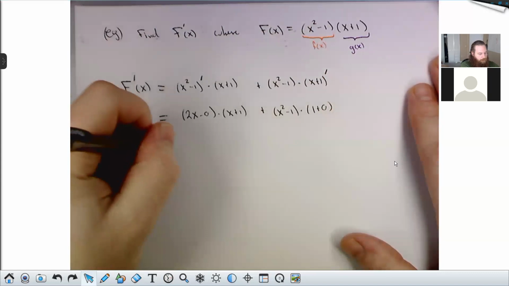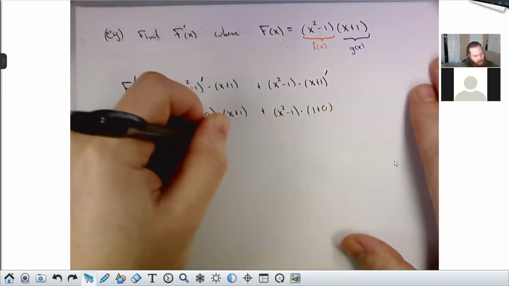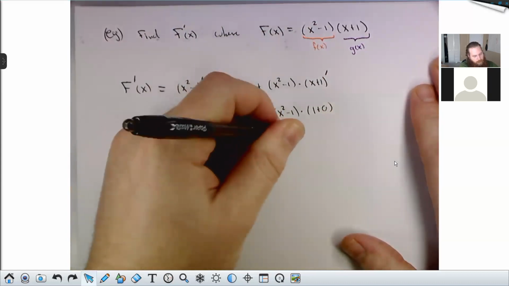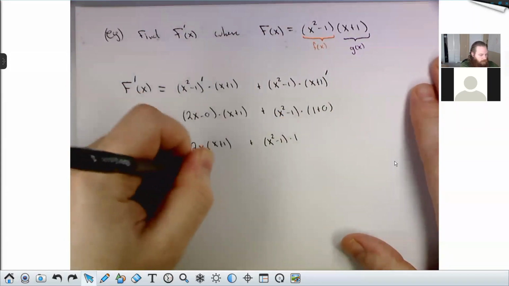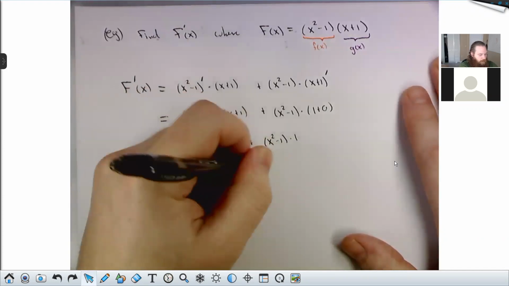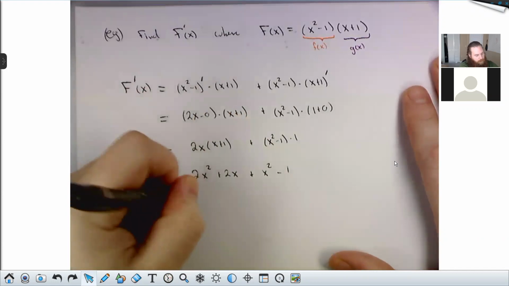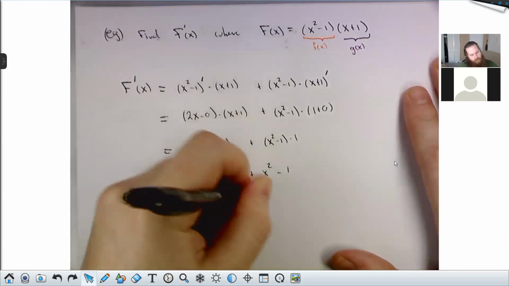And then we can clean it up. This is 2x times x plus 1 plus x squared minus 1 times 1. Distributing the 2x gives 2x squared plus 2x, and then distributing the 1 gives plus x squared minus 1. So altogether we get 3x squared plus 2x minus 1.